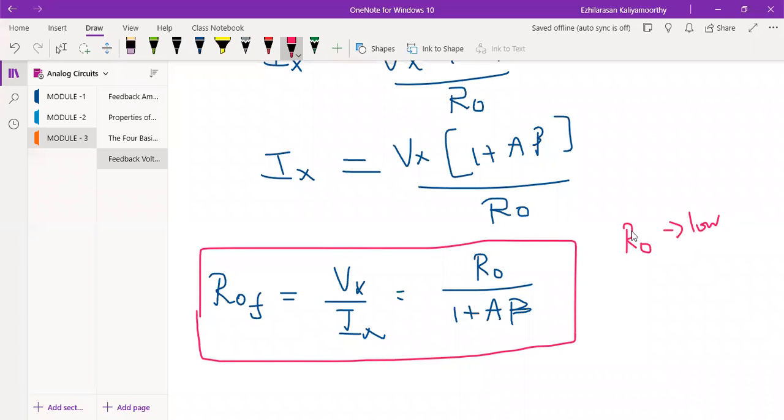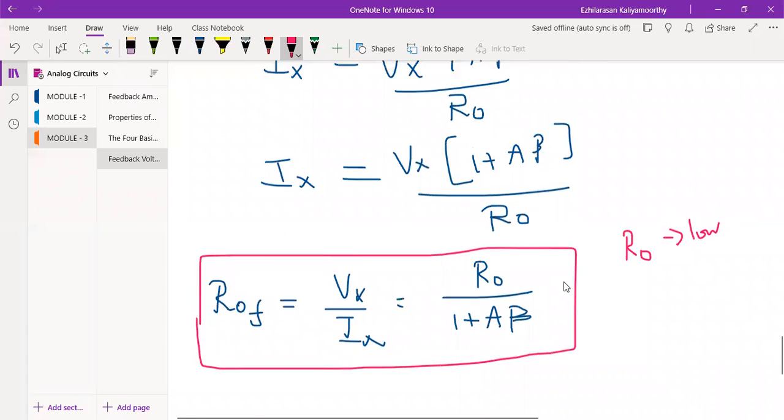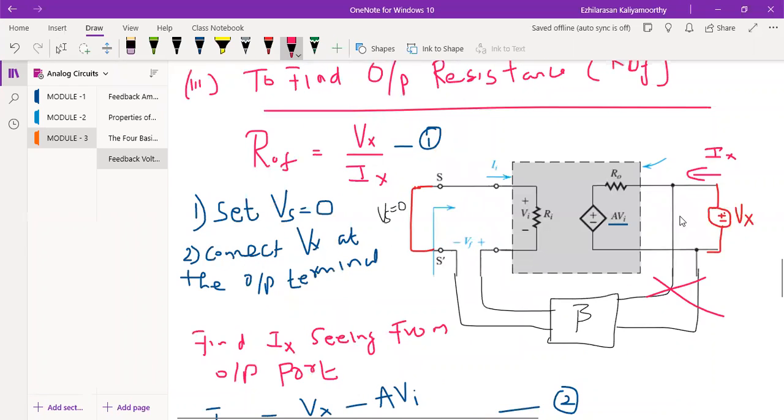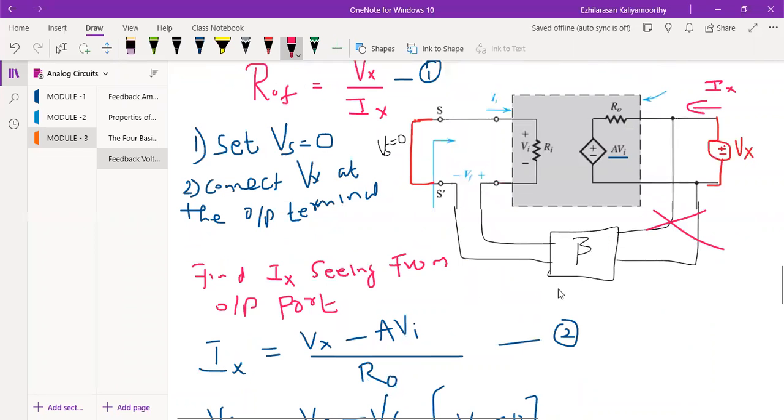So as we expected, it is shunt sampling, because the sampling is done in the shunt network. See, this is the shunt. This is sampling, I said, right? This is sampling. This is mixing. I hope it's clear. So the shunt sampling or the voltage sampling at the output results in a decrease in the amplifier output resistance by the factor equal to 1 plus A beta.